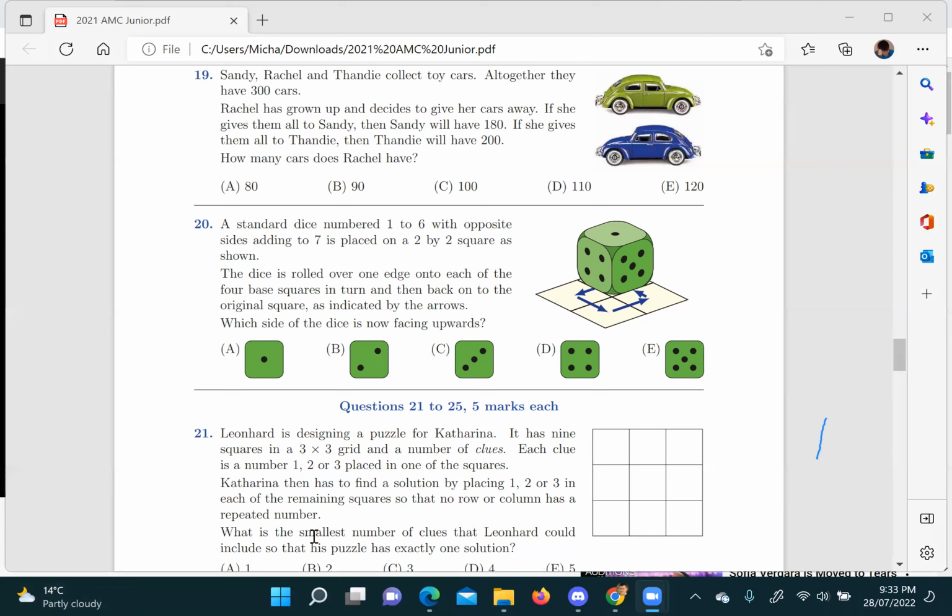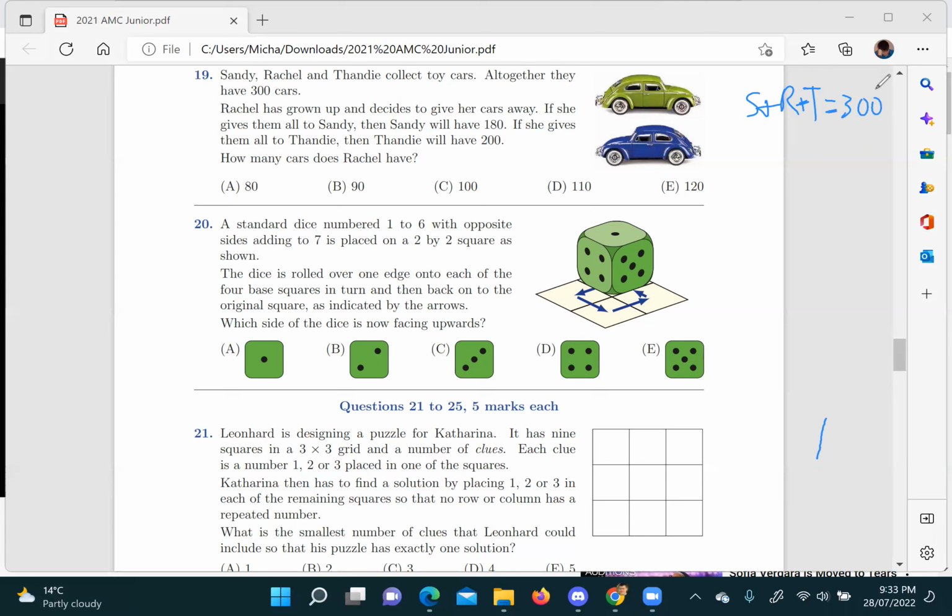Okay, so this is like a standard algebra question, you know? So if you let the number of cars they have be like S, R, and T, right? Then you know S plus R plus T equals 300.